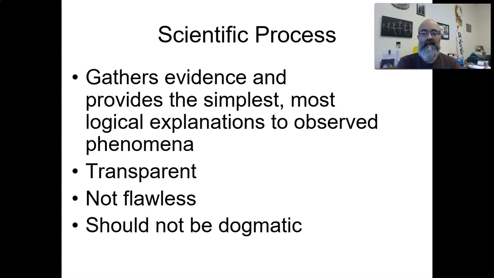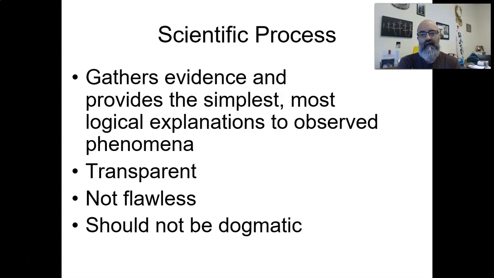Okay, as a process, it's about evidence. So scientists accept or spend their time talking about ideas that have the most evidence, right? Science as a whole is going to pick the simplest answer or explanation. So it gathers evidence and provides the simplest, most logical explanation for an observed phenomenon.